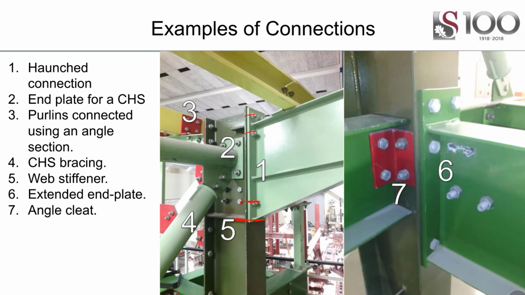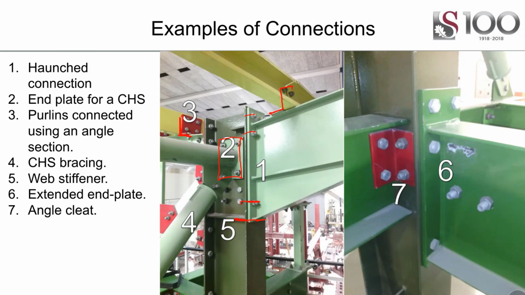Then you've got an end plate on a circular hollow section, so that's just a very simple end plate welded onto the pipe, and then a purlin connected using an angle at 3, so an angle welded on, or bolted onto a beam or a rafter, another one here, and then you just bolt onto the cold form lip channels.